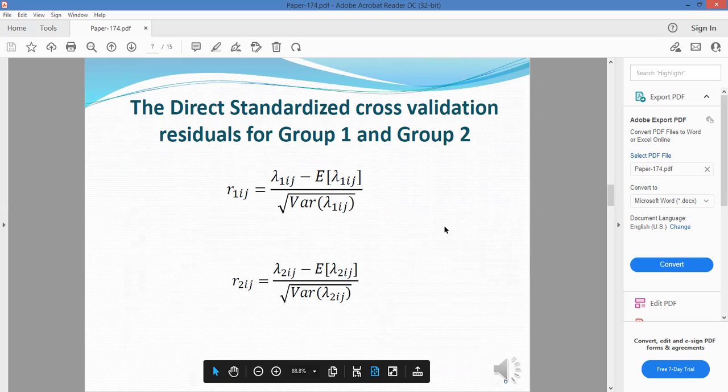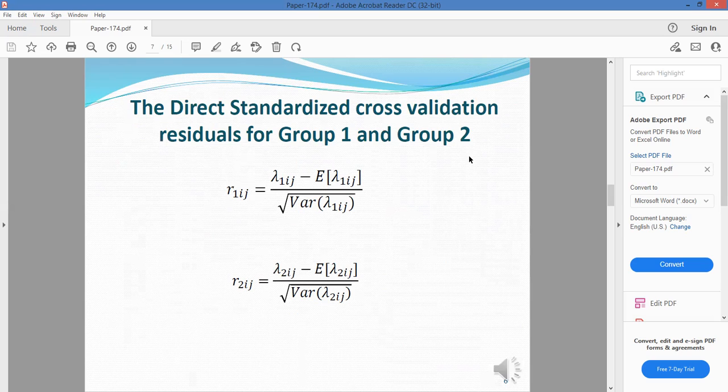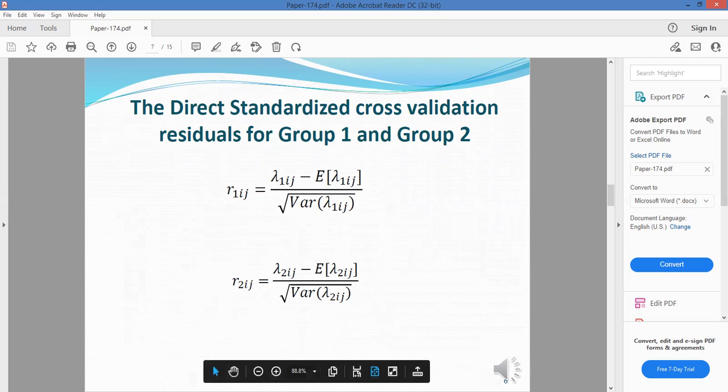In order to test whether the two models fitted for group 1 and group 2 are a good fit or not, we use the direct standardized cross-validation residual test given by two equations. R1ij is equal to lambda 1ij minus the expected value of lambda 1ij, divided by the square root of the variance of lambda 1ij. Similarly, for group 2, the standardized cross-validation residual is given by R2ij.